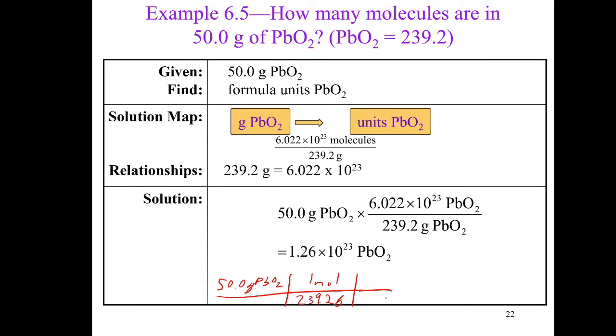And then I don't want moles, I want particles, I want molecules, I want formula units to be accurate. And so I'm going to use 6.022 times 10 to the 23rd, and I'll get the same answer. Either way is fine, so as long as you can show your work and get there, that's great.